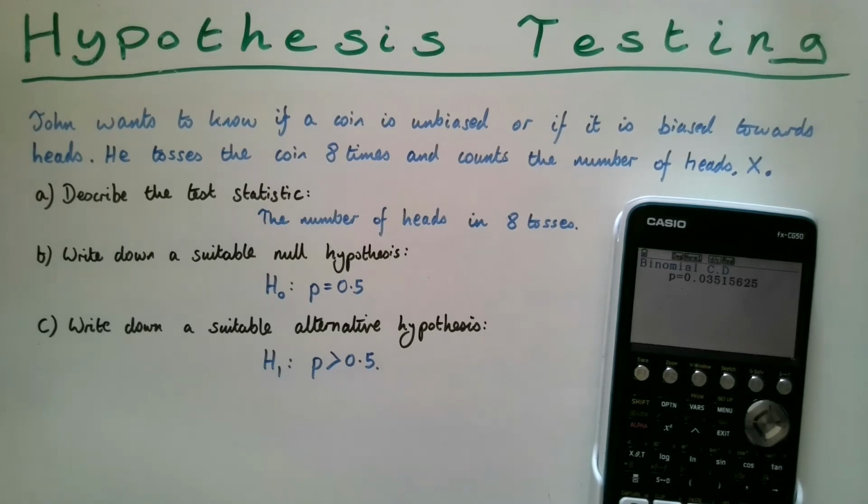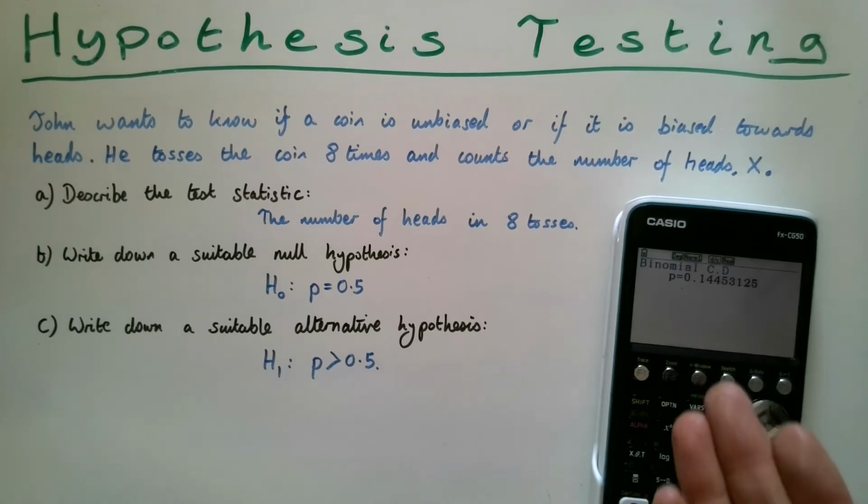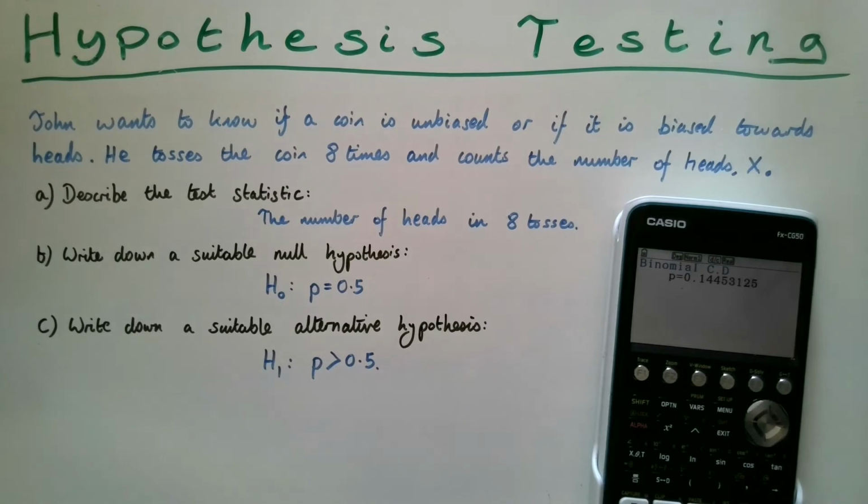So if that happened, you could say that I was, what's 3.5 away? That's 96.5% sure that it was biased. But I wouldn't be totally sure, but I would be pretty sure. Whereas if we just went back one more and changed it to 6, this is saying there's a 14% chance of that happening. So 6 heads, that's probably not enough for me to think, or for John to think, that yes, this is biased. But of course it still could be.